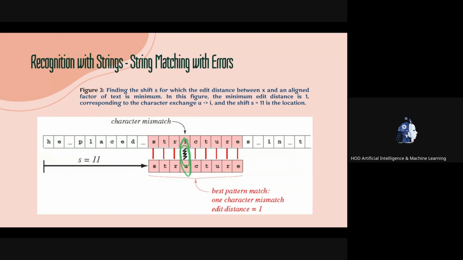That doesn't matter. We call this string matching with errors. Because if you insist on exact matching at every location, you will not be able to see this pattern anywhere in the text. So even if you find a match with errors, if the error is very minimal, we will accept the pattern match. That is what string matching with errors is.